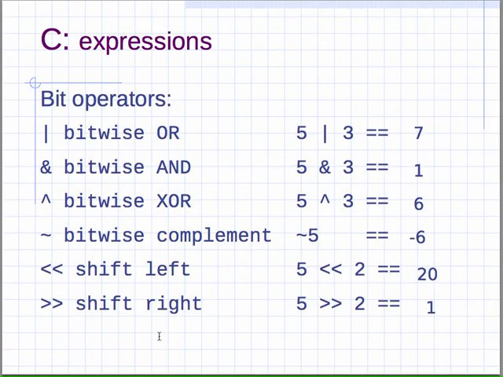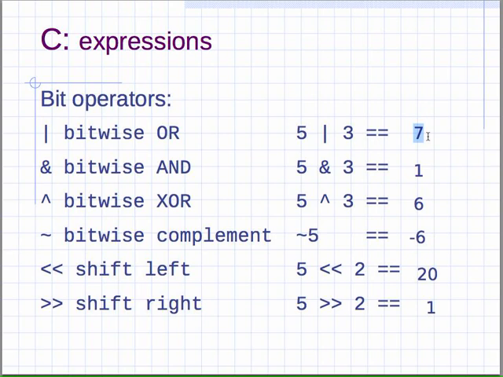Okay, so here are some more bit operators. You can try this out. The best thing that you can do to test these out would be to just do these operations. You can say int x is equal to 5 OR 3 and then print it out. What you should see is a 7.